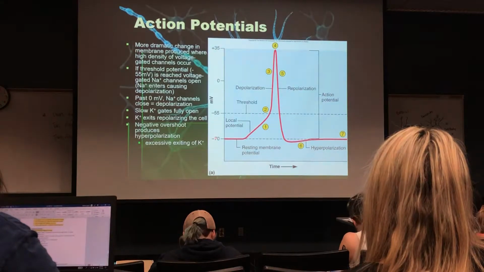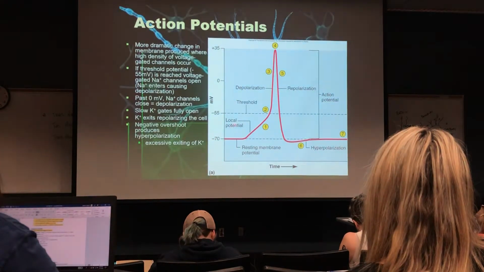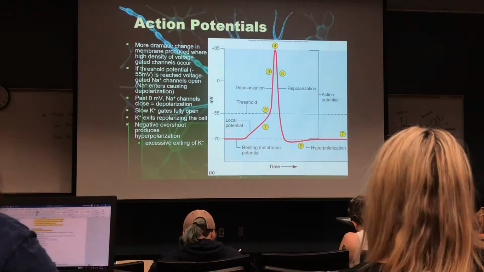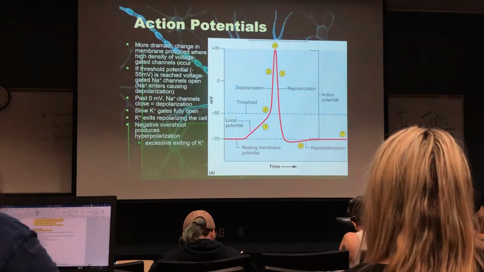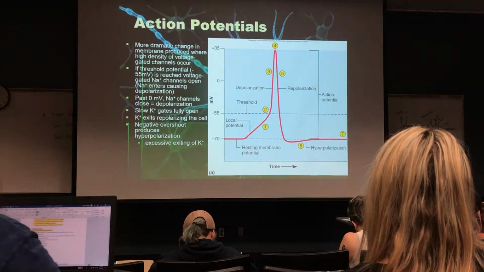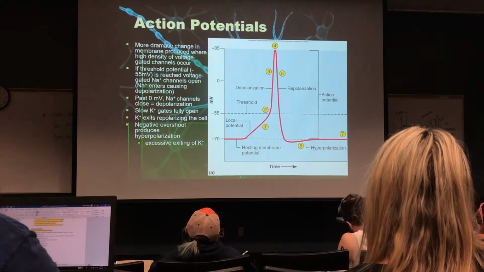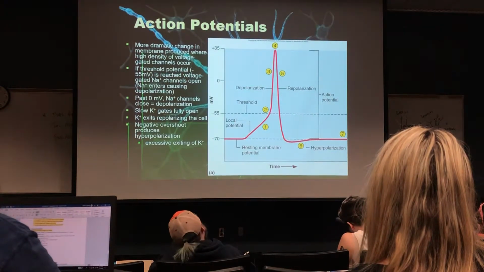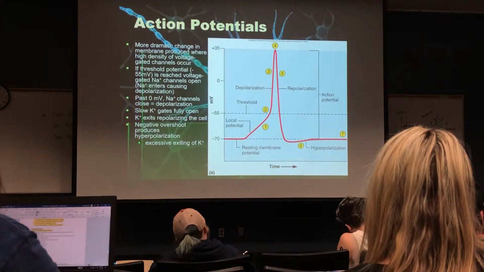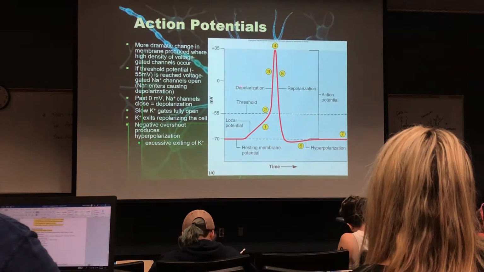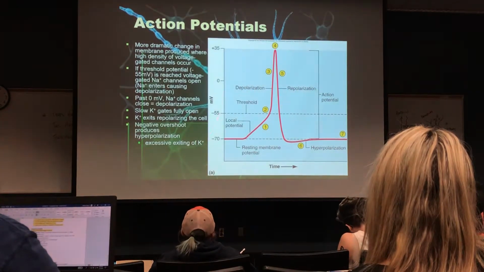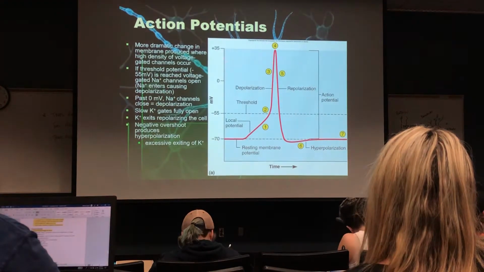But if we get some local potentials, especially excitatory ones, that accumulate in the trigger zone, and it causes more sodium to be present, it raises the charge to threshold. And once we get to this dotted line, oh my gosh, all of the sodium gates open, and we have this big spike where sodium is rushing in. We go from -70 to +35.